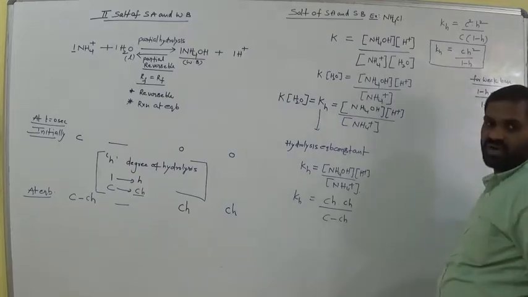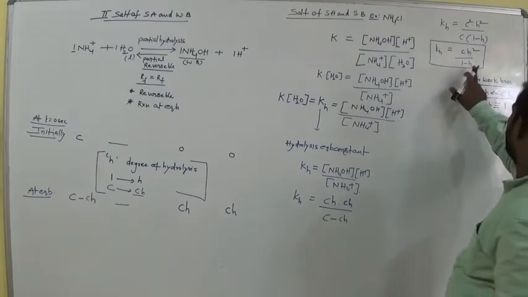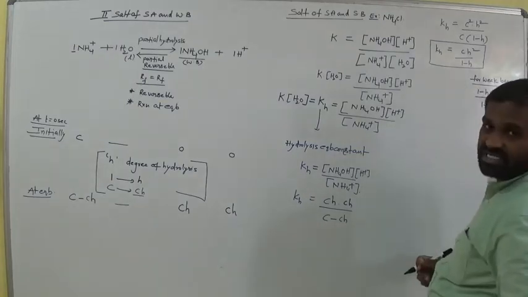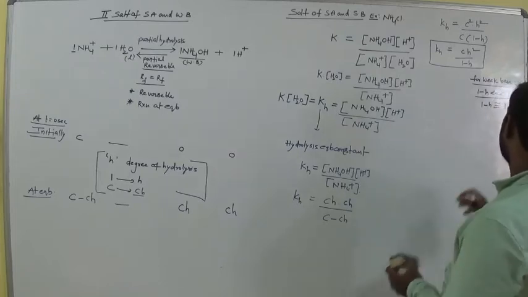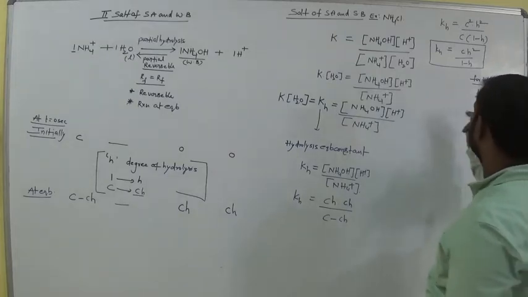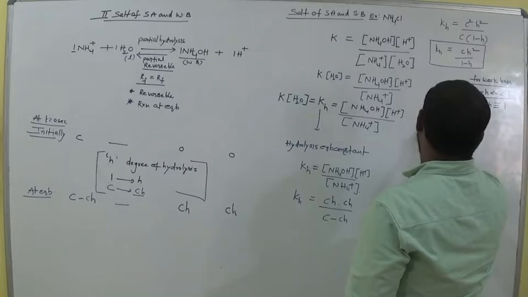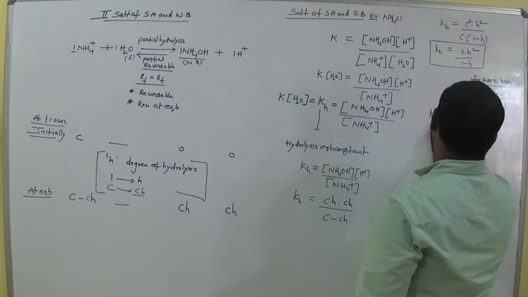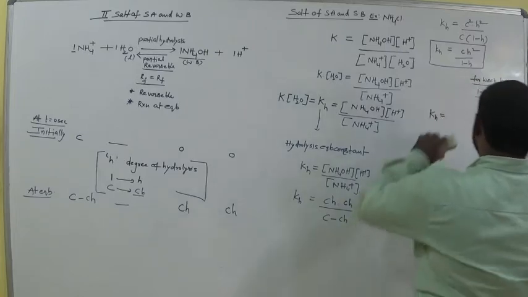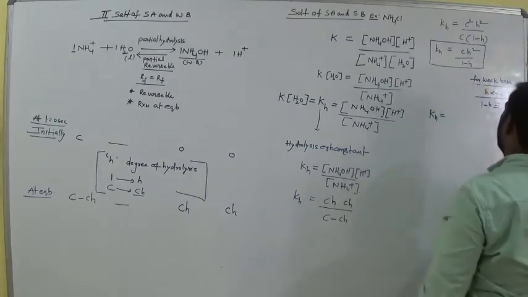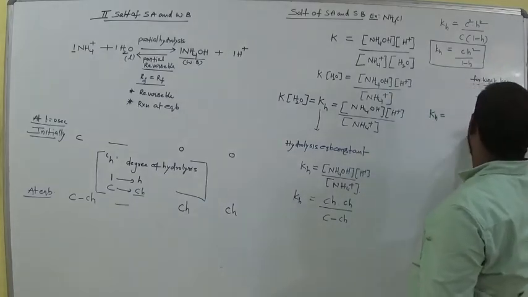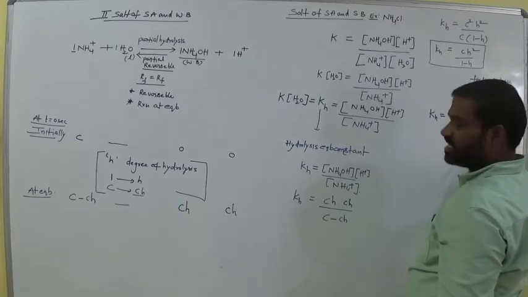Nearly 1. So this value is nearly equal to 1. So now KH equals CH square.